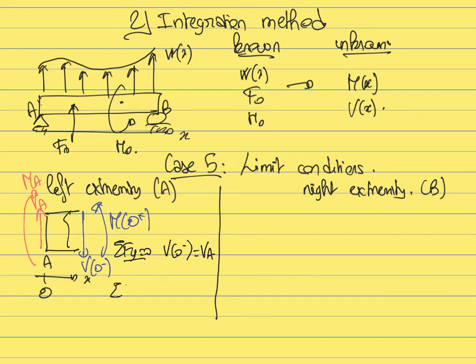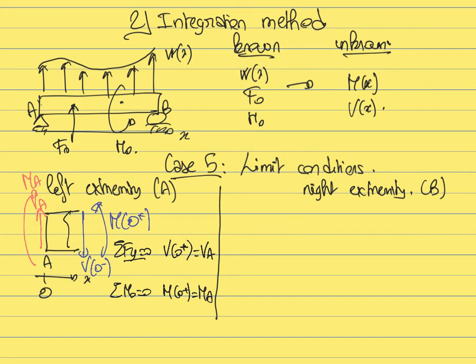If we do the same and write that the sum of the moments about a given point is equal to 0, again there are only two moments: the internal moment has a positive projection and the moment MA has a negative projection. So those two moments must be balanced, which gives you that the internal moment at 0 plus is equal to MA. That's what we find for the left extremity.